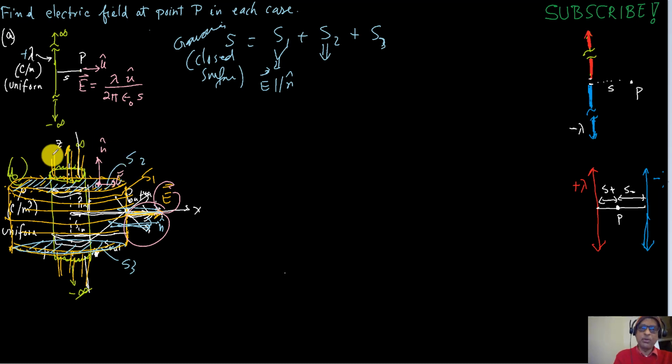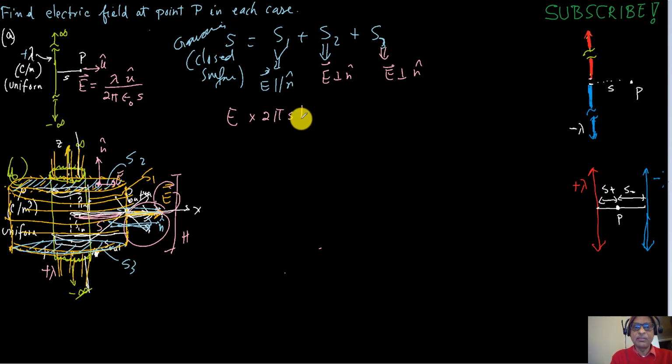The electric field is always pointed away because of positive lambda, so the electric field is perpendicular to n hat here, and perpendicular to n hat there. So once again we get E times 2 pi s h, where the height is h and the distance is s. Over this surface I got a 0, over this surface I got a 0, just as before.